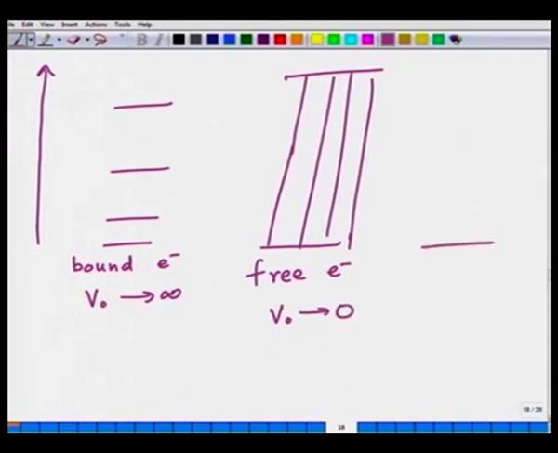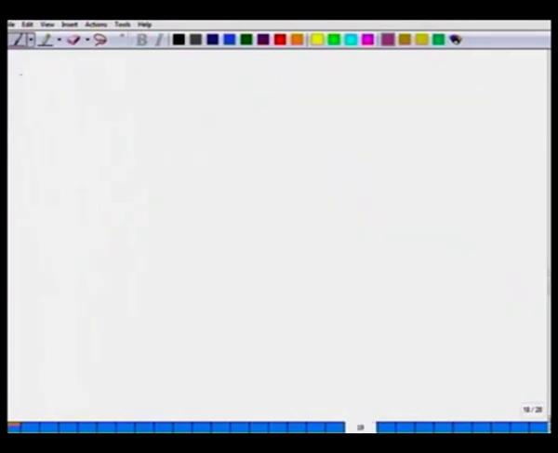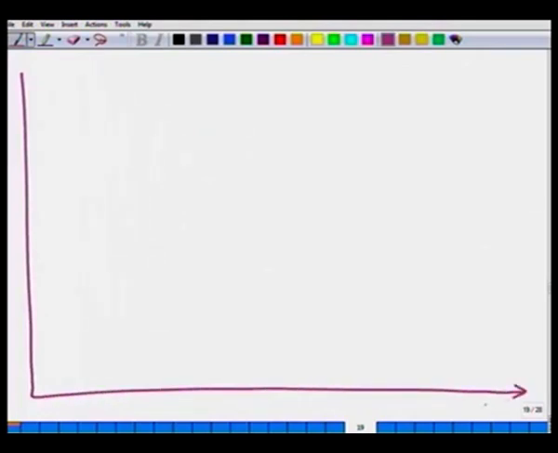In the intermediate case, what we had was allowed energies, a gap, allowed energies, a gap, allowed energies, and so on. This is an electron in a crystal, that means periodic potential, which I could show differently. Imagine this axis as the lattice parameter or interatomic distance.